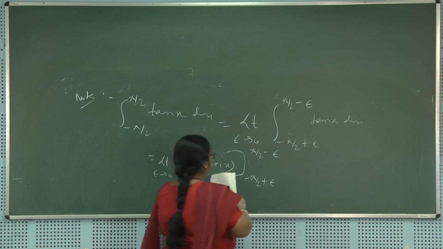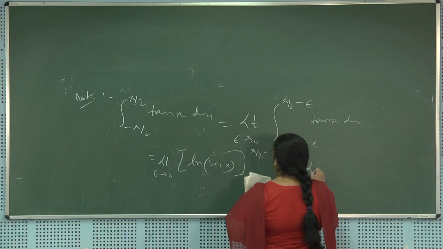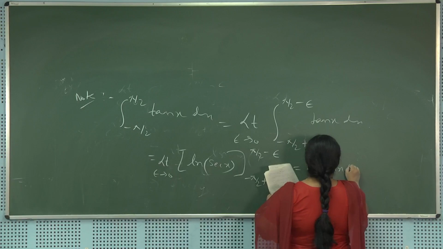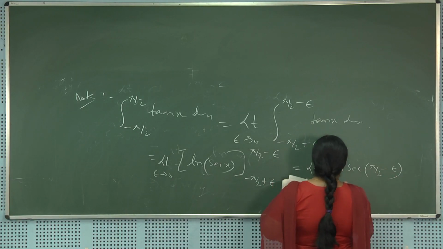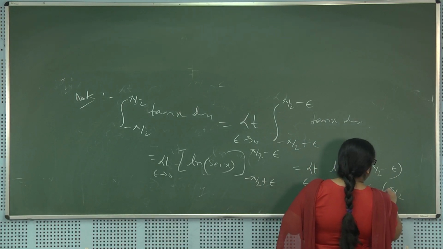Next, we will substitute. This will become the limit as epsilon tends to 0 of log of sec of pi by 2 minus epsilon, minus log of sec of minus pi by 2 plus epsilon.